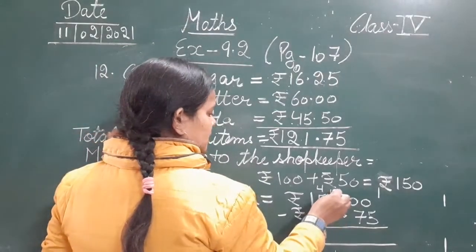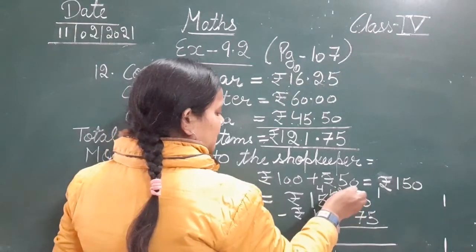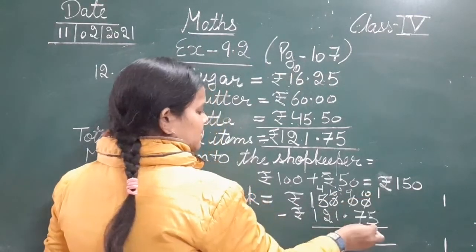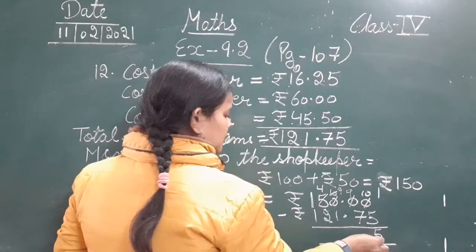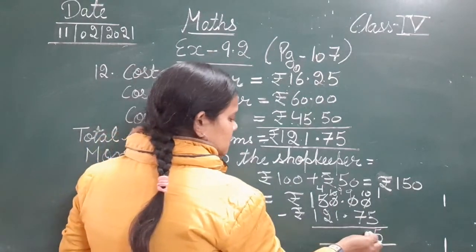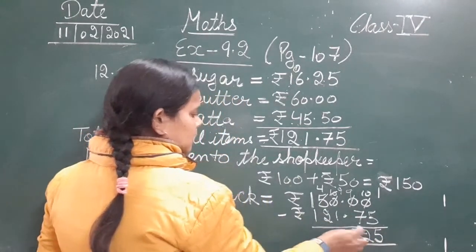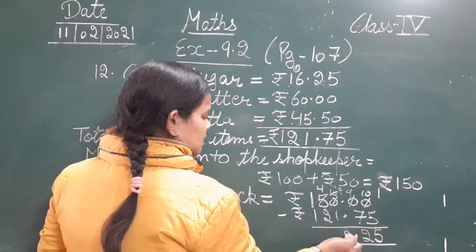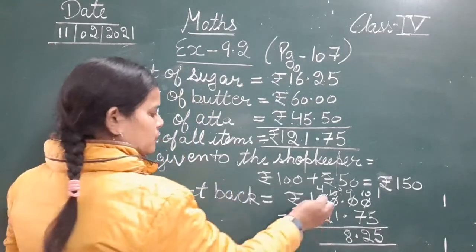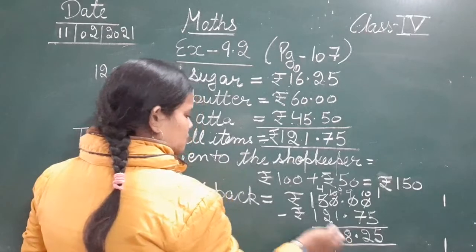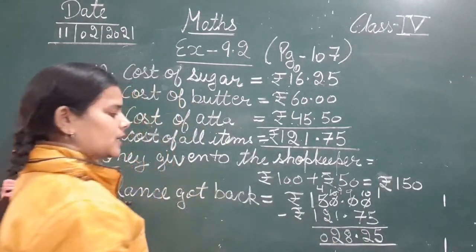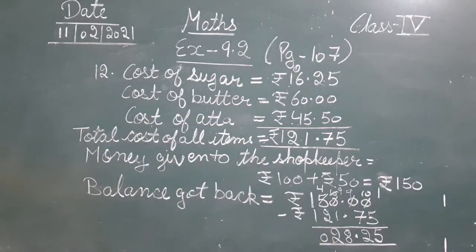So 10 minus 5, 5, 9 minus 7, 2, next 9 minus 1, that is 8, 4 minus 2 is 2, 1 minus 1 is 0. So the balance he got back is 28 rupees and 25 paise.